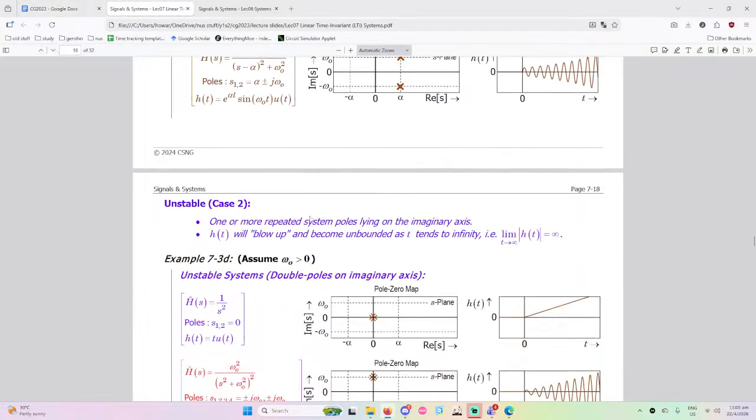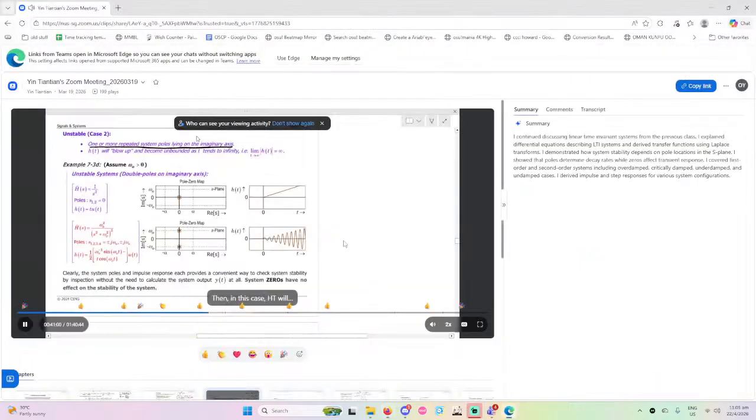If we have one or more repeated system poles lying on the imaginary axis, then in this case, h(t) will also blow up or become unbounded as t tends to infinity. Okay. So now let's look at the two examples here.